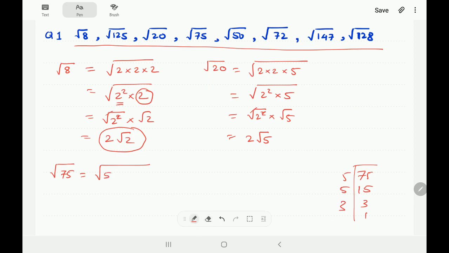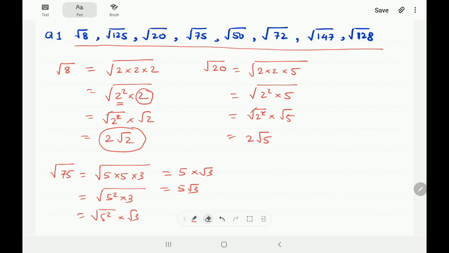So here I get 5 into 5 into 3, which is equal to 5 square into 3. It can be separated as root of 5 square into root 3. The square and square root get cancelled. It is 5 into root 3, which equals 5 root 3. Hope you got the answer.